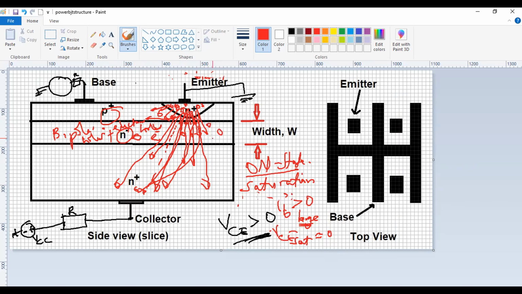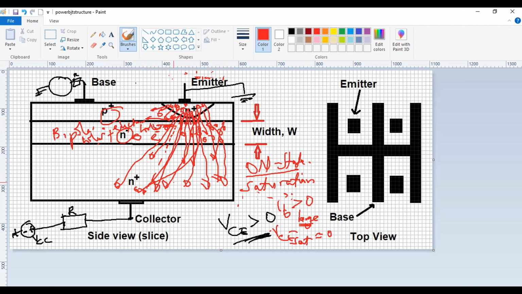So there are significantly more charge carriers, holes and electrons, that can carry charge from the emitter down into the collector. So I have a lot of current flowing down. You still have some resistance because the resistance never really goes away, but you have a lot of current flowing down there.